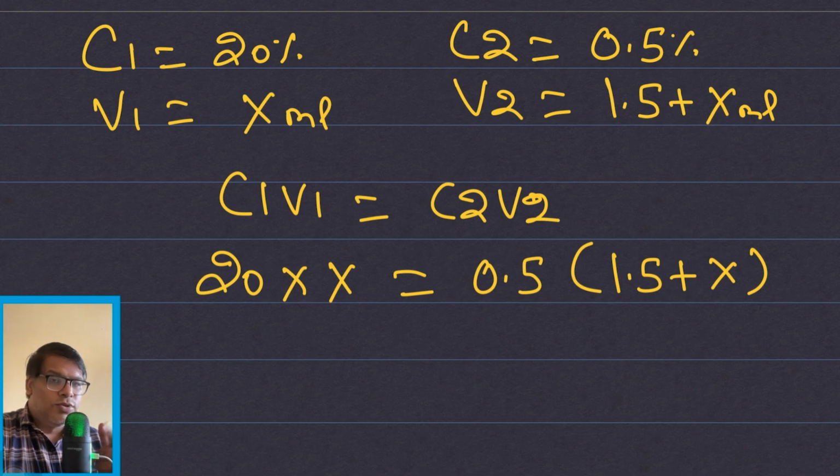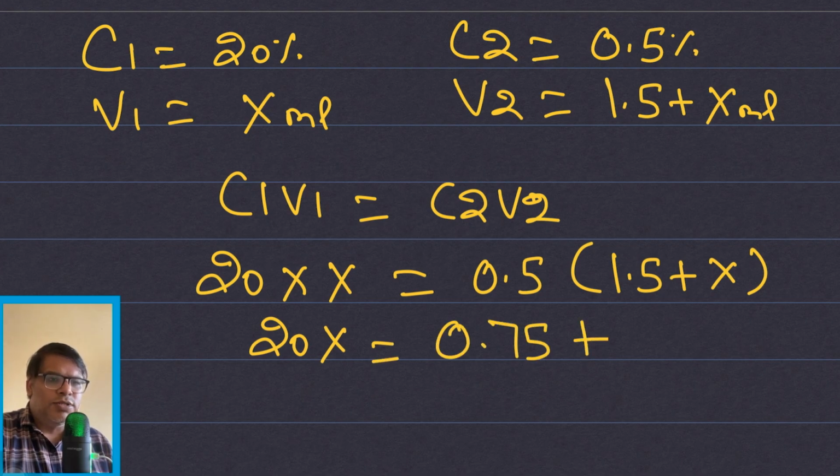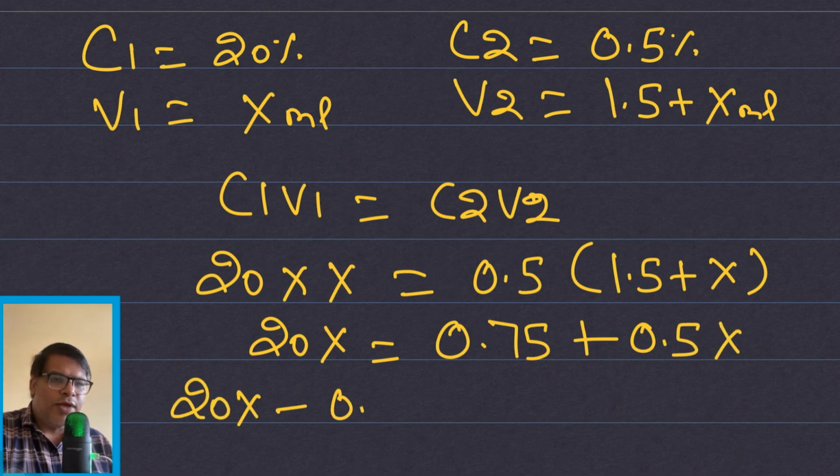Now solve this. We are not taking the percent. So 20 times X is equal to 0.5 times the bracket 1.5 plus X. So 20X is equal to 0.5 times 1.5, which is 0.75, plus 0.5X. Take 0.5X to the other side: 20X minus 0.5X is equal to 0.75.